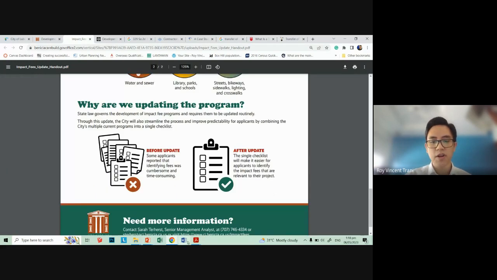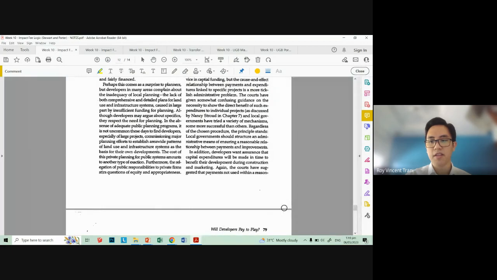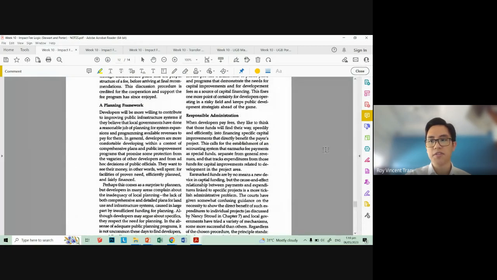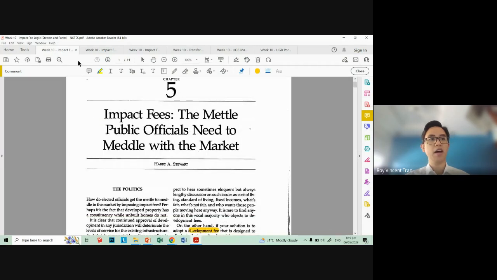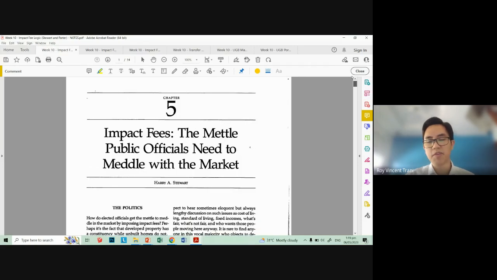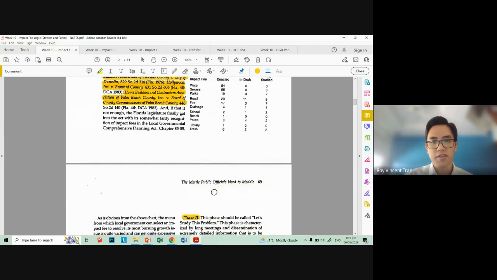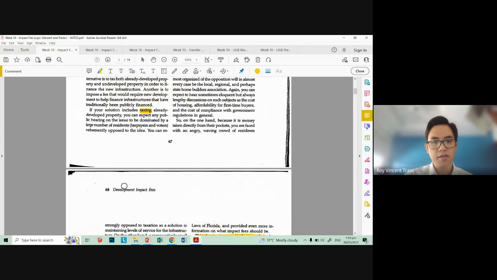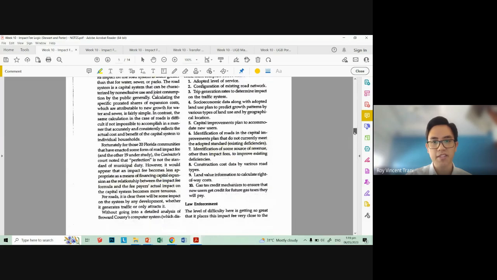So if you go to our reference here, I would suggest you start with this reference. It's not arranged in the Google Drive, but start with Impact Fee Logic by Harry A. Stewart, and that's chapter 5 of the book Development Impact Fees. I tried to find it online, but I can't seem to find a copy.